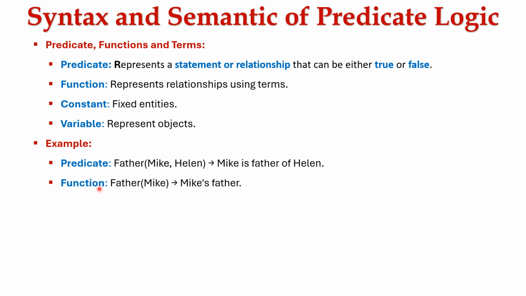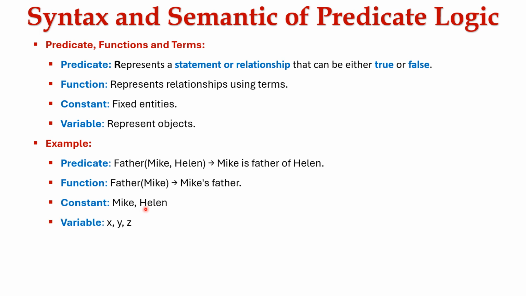The next comes function. Father of Mike. This implies Mike's father. Here, father is a function and Mike is a constant. So this function returns the value of Mike's father. Next, Mike and Helen both are constants used in this predicate logic.